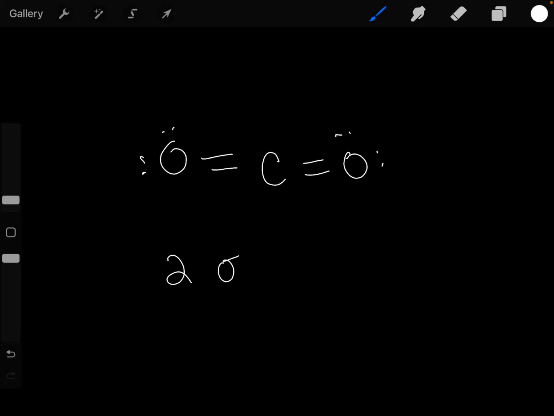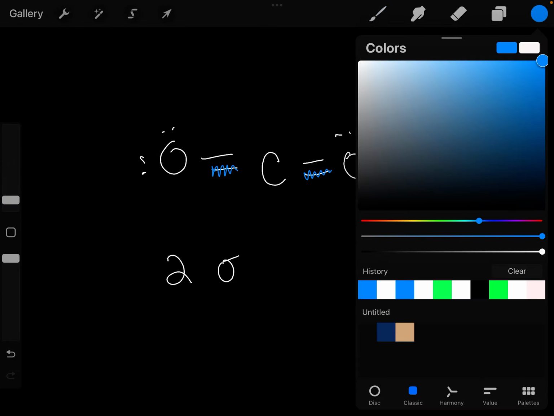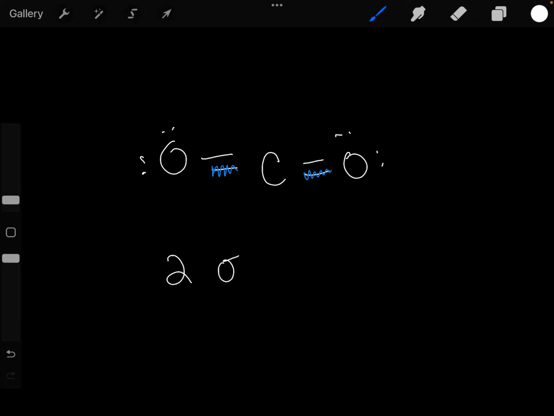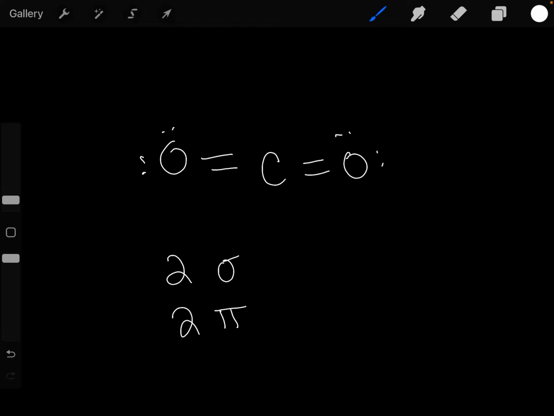Now let's look for the pi bonds. First let's get rid of all the single bonds. Bye single. Bye single. Now that the single bonds are gone, what lines do we have left? We have this line and this line. So there's 2 pi bonds. Yay, see, that was so easy. I love sigma bonds and pi bonds.